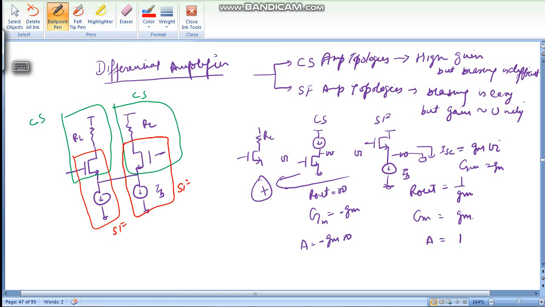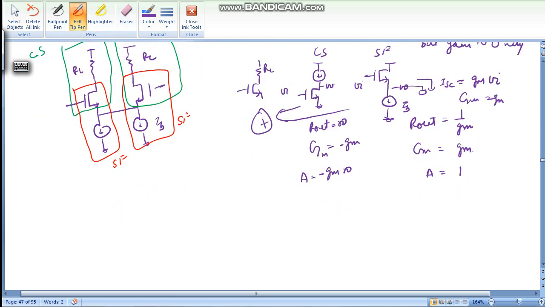So basically we are combining both to get differential amplifier. Now I will draw this again.